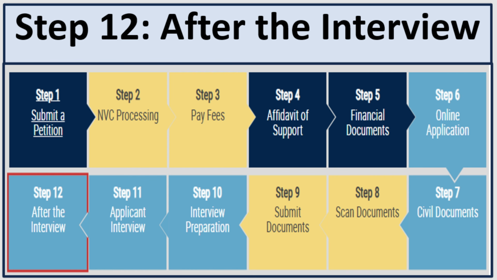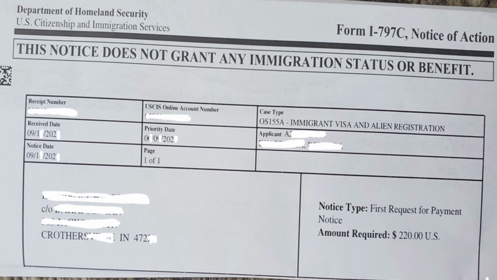And I forgot. I came back to the US, and I did not receive the green card. It had been 2 months and I did not receive the green card. And one day I received an I-797C from USCIS telling me that you must pay the green card fee before we issue the green card.